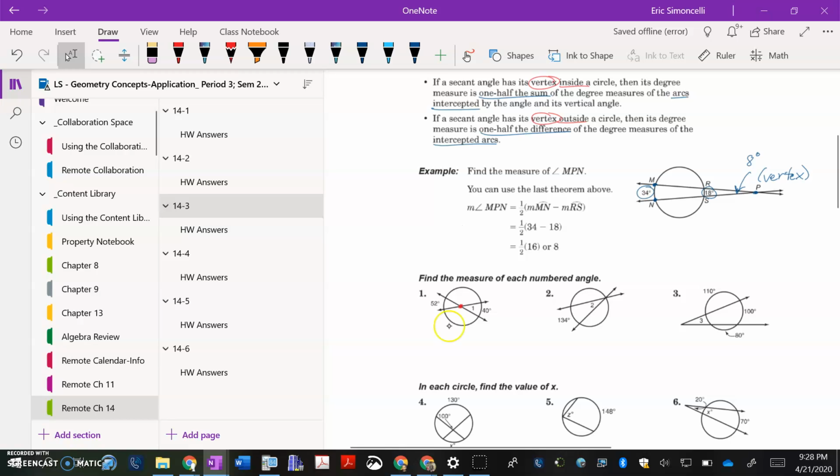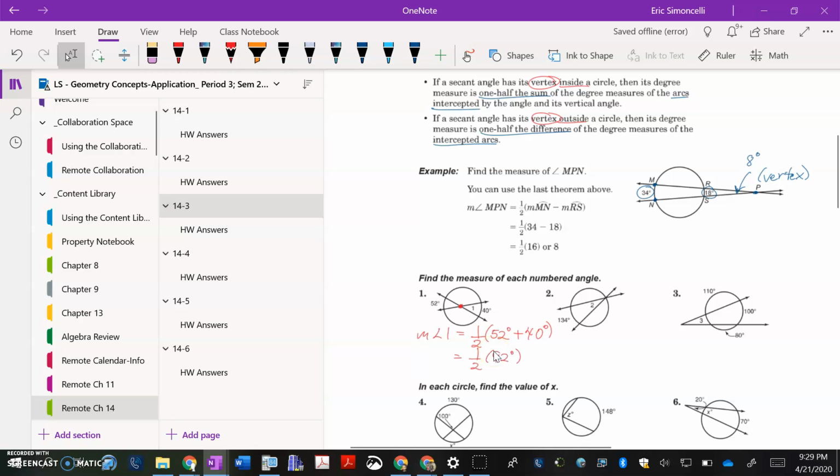So as it turns out, measure angle 1 should be equal to 1/2 the sum of the 2 arcs of 52 and 40. We'll do that math, clean that up a little bit, see what this ends up. Okay, so if we do the math, for 1/2 of, we got the sum of the 2 arcs of which is 92 degrees.